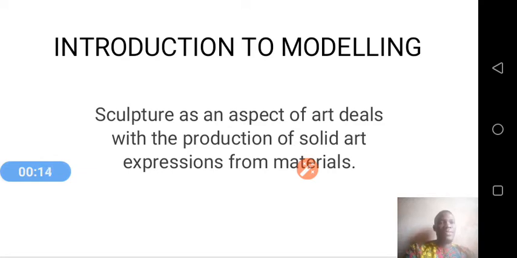Sculpture as an aspect of art deals with the production of solid art expressions from different materials such as clay, stones, metal, wood, etc. Sculpture can be both relief and freestanding. We are going to be looking at techniques in sculpture and also tools and equipment for sculpture production.